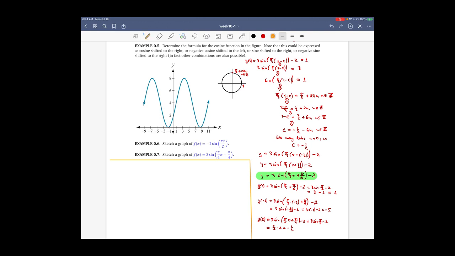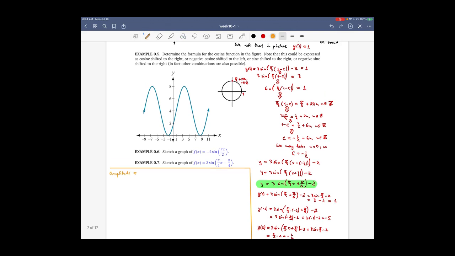The amplitude is, on the one hand, the absolute value of a, so we should look for the graph of this function in the form a times cosine, for instance, bx minus c or plus c, that doesn't matter, plus d.